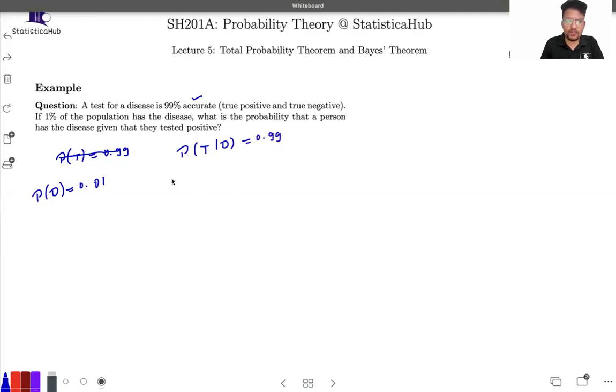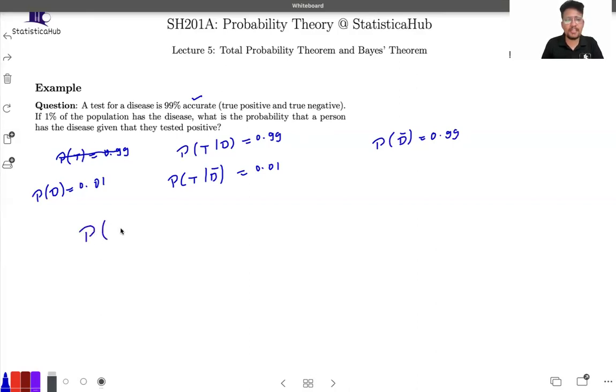Now if you go for the probability of the test being positive, given that a person is not in the disease setup, that will be just the complement of that one, 0.01. And the probability that in the population there is no disease, so not a disease, that is 0.99, just the complement of this one. Now we will calculate what is the probability that a person has a disease.